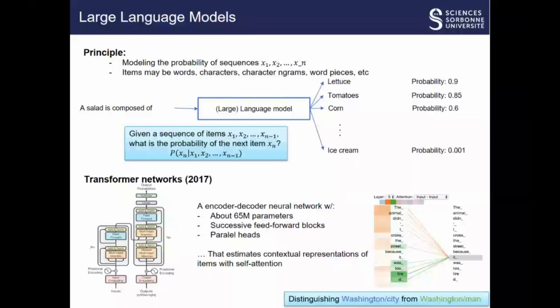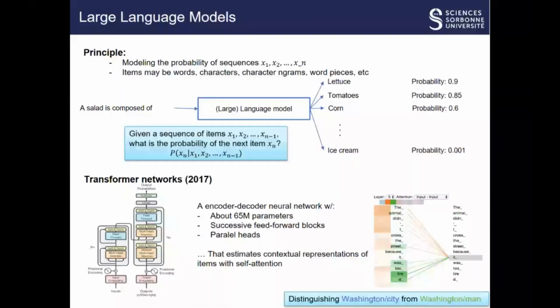In self-attention, the objective is to estimate the contextual representation of tokens according to the different tokens within the sentence. Particularly, this allows to distinguish, for instance, when we have the word Washington, whether we speak about the city or the man, and we call that polysemy of words.